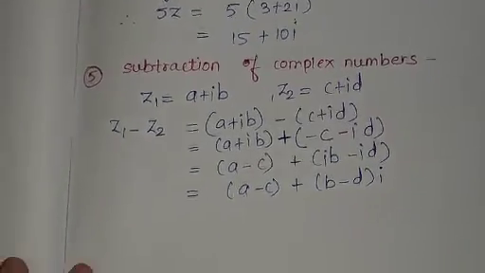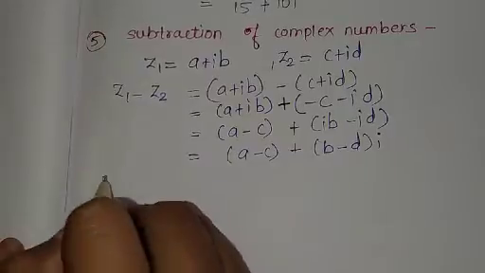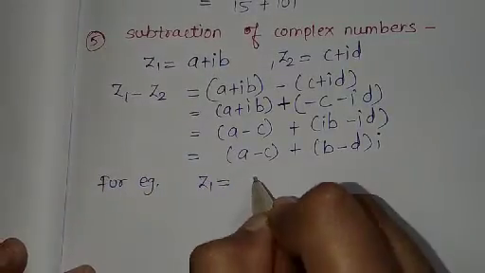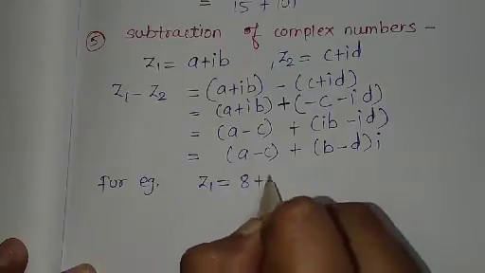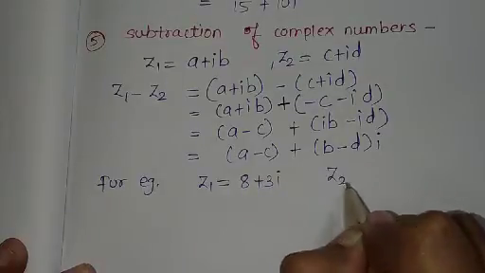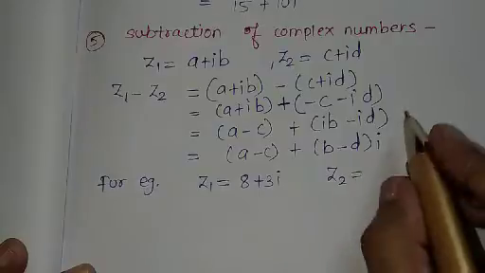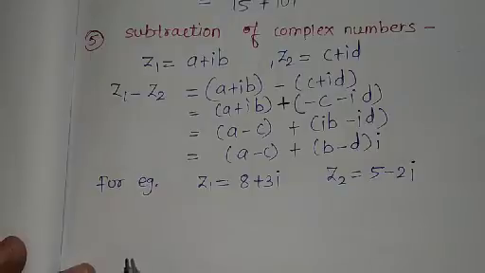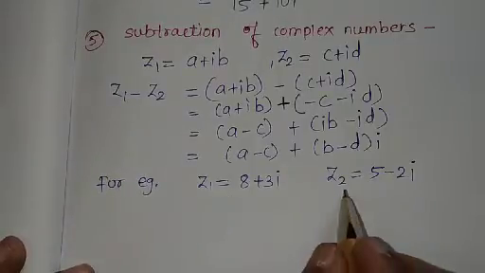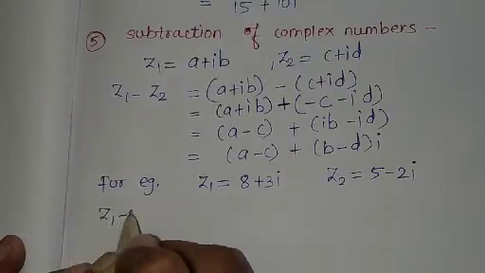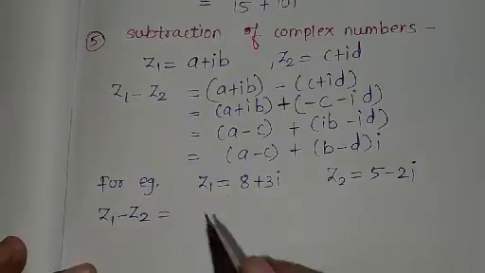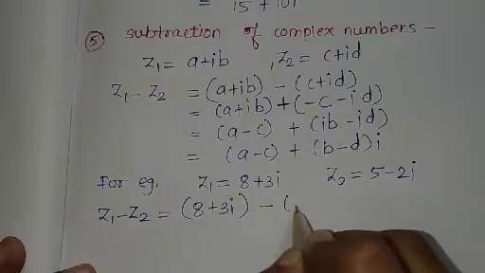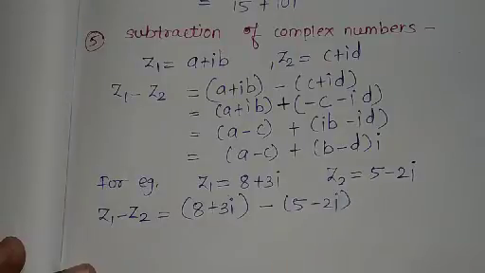For this, consider an example. For example, if z1 is equal to 8 plus 3i and z2 is equal to 5 minus 2i. So we have to subtract these two complex numbers as z1 minus z2 is equal to 8 plus 3i minus 5 minus 2i.